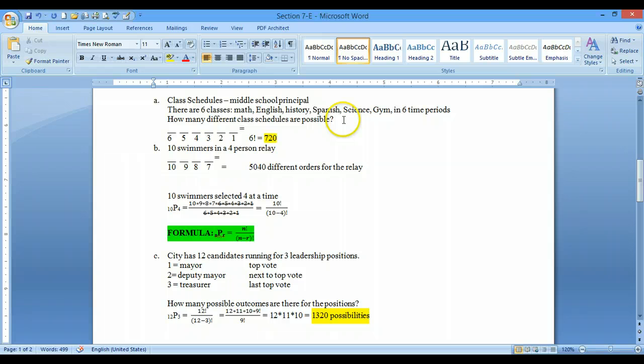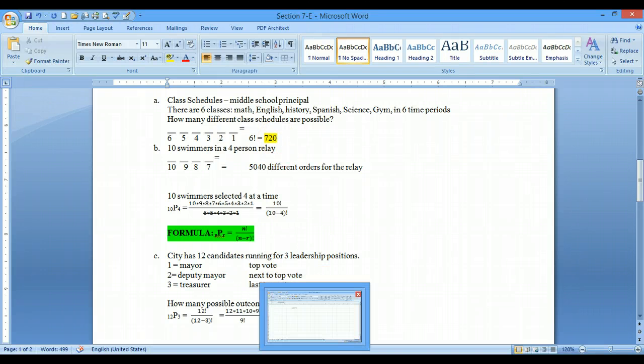I have 6 classes to choose for the first period. But once I choose that, I only have 5 for the next one, 4 for the next one, 3 for the next one, 2 for the next, and then of course 1 for the last one, which I could rewrite as 6 factorial or 720.